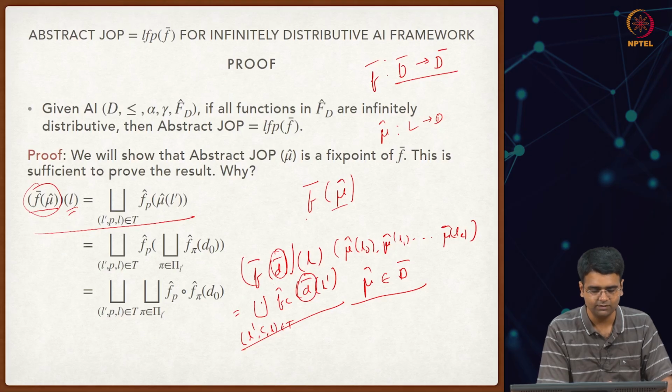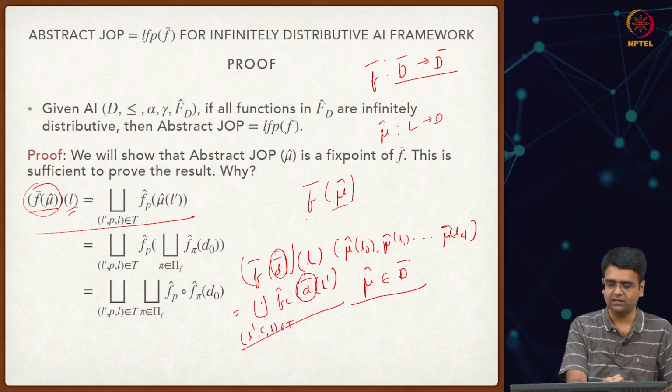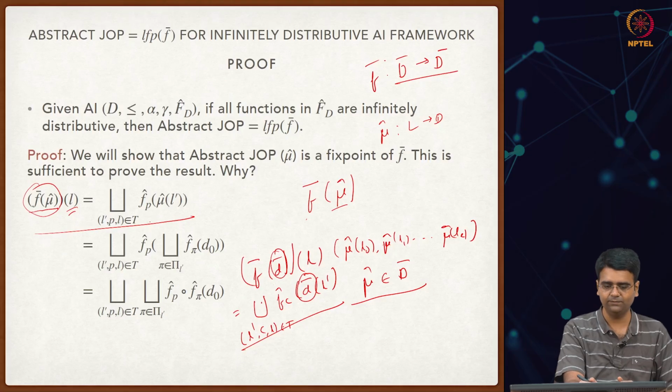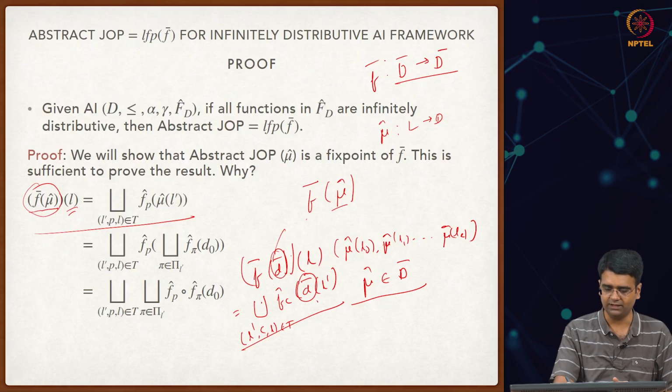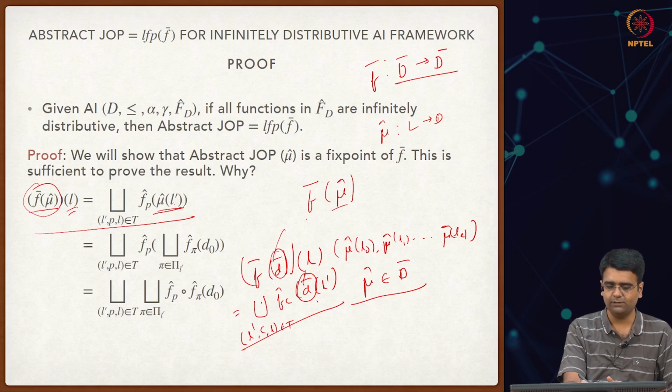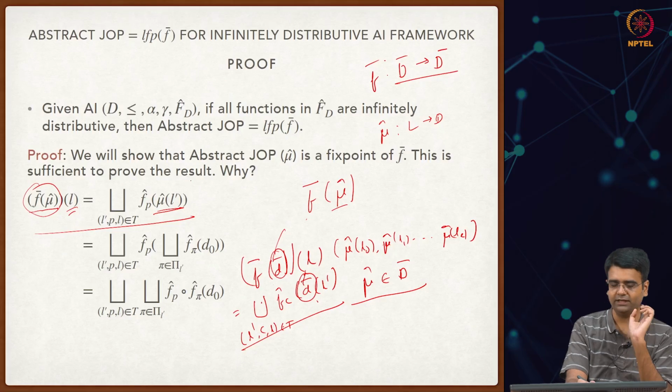So f bar of mu hat at the location L is nothing but taking all the predecessors of the location L, where L prime is a predecessor of L, and then applying f hat p of mu hat of L prime. So this D bar is taken to be mu hat. Now let me expand this mu hat. Mu hat of L prime is the abstract GOP at the location L prime.